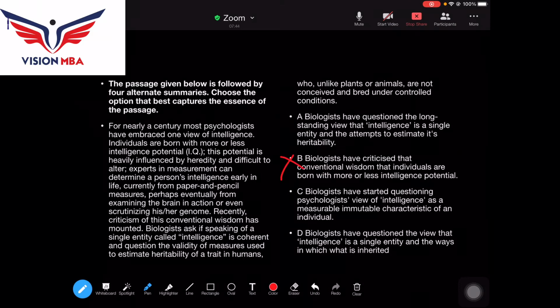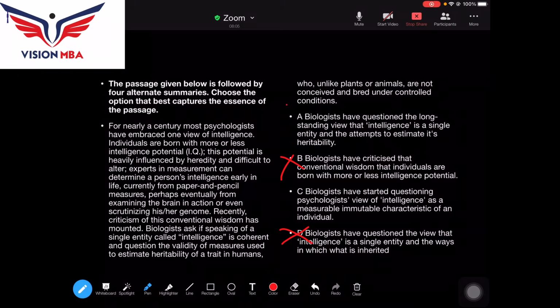Okay, please understand how I am attempting the question. Biologists have started questioning psychologists' view of intelligence as a measurable, immutable characteristic of an individual. These biologists have questioned the view that intelligence is a single entity and the ways in which it is inherited. This is definitely not my answer. This is not the essence.